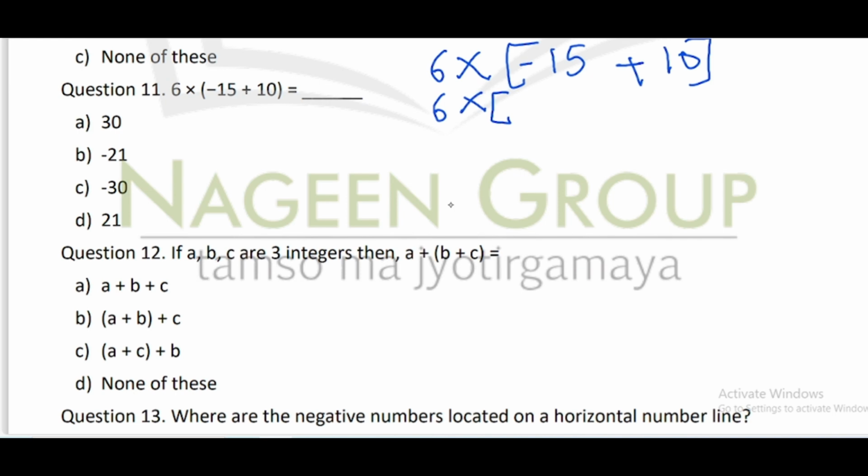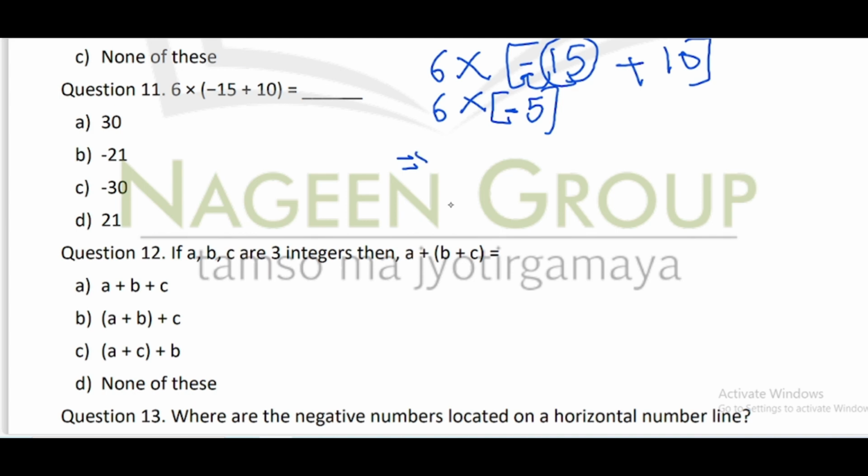Both have opposite signs. Then we subtract, that is 15 minus 10, that is 5. And of 15 and 10, which one is greater? 15 is greater and the symbol of 15 is negative, then the result is minus 5.